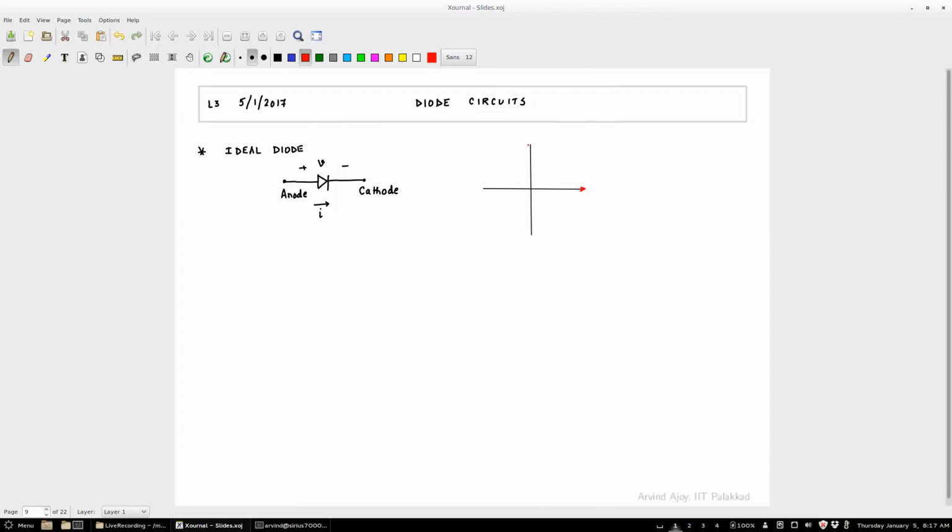What are the properties of an ideal diode? I'm sure you thought about this earlier. Say I am going to plot voltage on this axis and current on this axis. How would an ideal diode look?